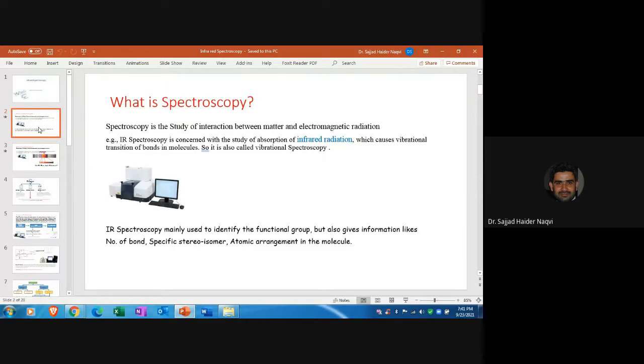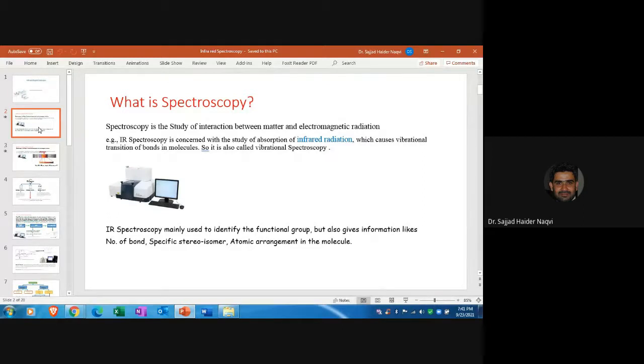In IR spectroscopy, as the name itself is self-explanatory, that is infrared. Infrared is a particular region of the electromagnetic radiation spectrum, having a particular wavelength. So IR spectroscopy is primarily concerned with the study of the absorption of light.